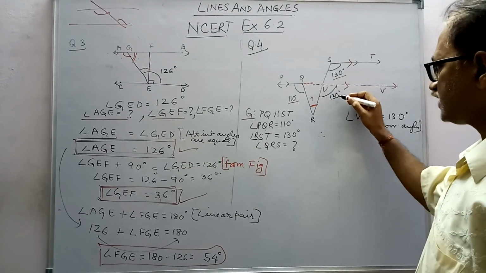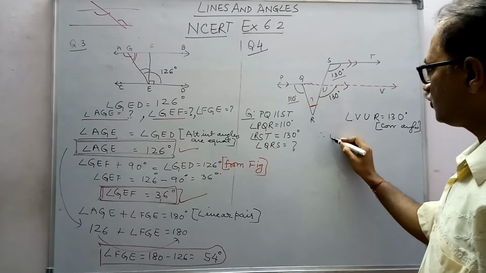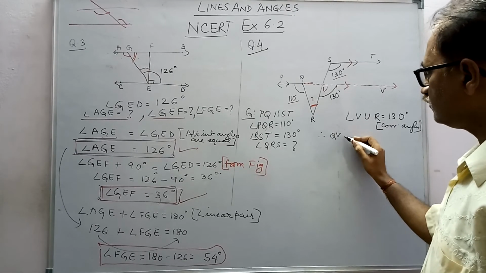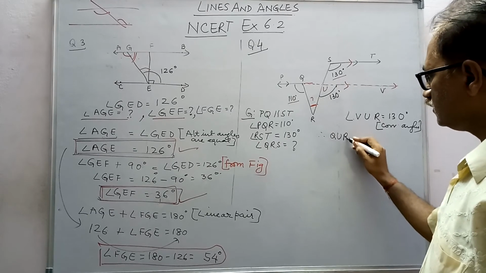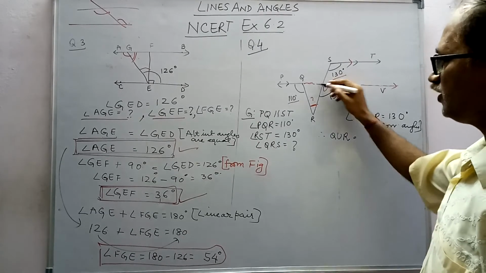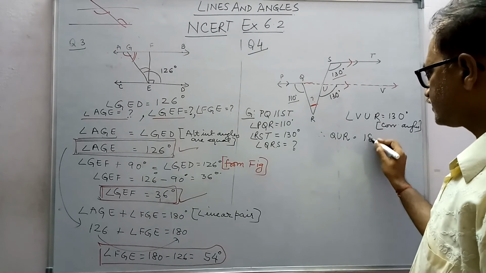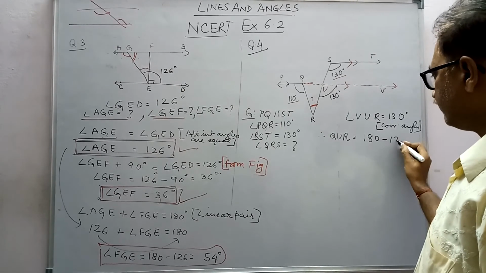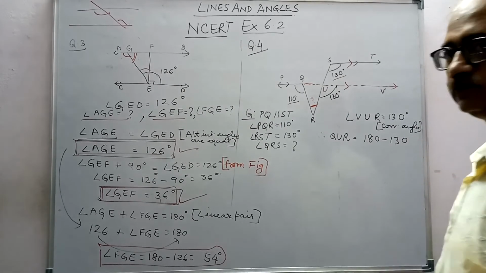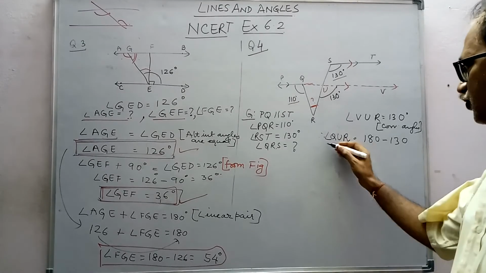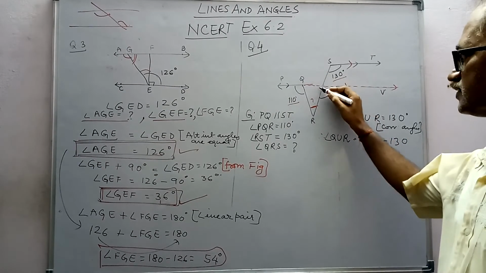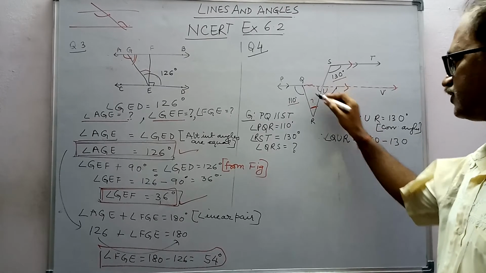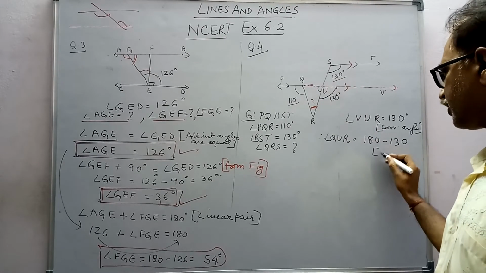Now you see, this angle is 130. So angle QUR is equal to 180 minus 130, by linear pair property. So QUR is this angle.